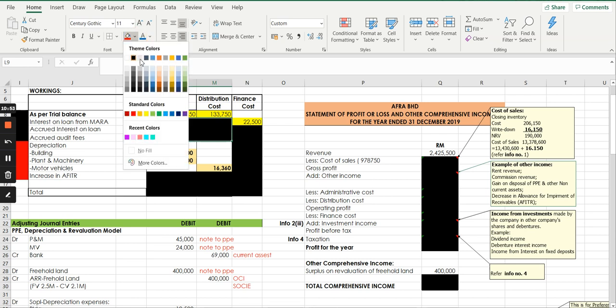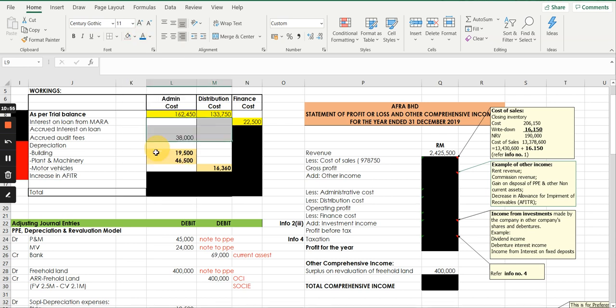That one would be the amount that we have calculated just now, 38,000 for the accrued audit fees that was given in the question. For the loan, the interest should be put under finance cost, 7,500. Accrued audit fees go under admin expenses.